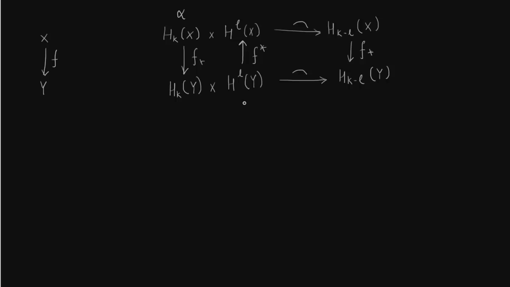You take an element alpha here and an element phi here, and now just start applying the maps. So you get f upper star phi here, take the cap product, and similarly we do with the bottom part.